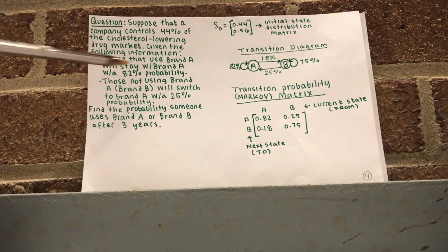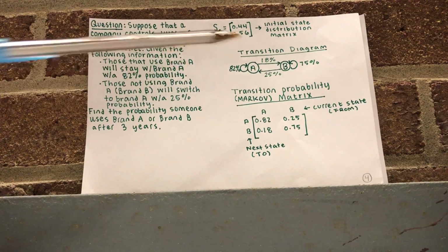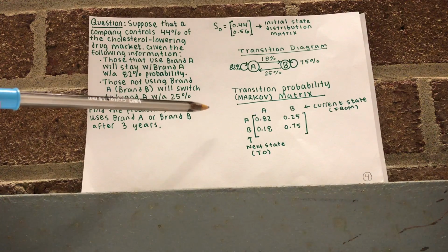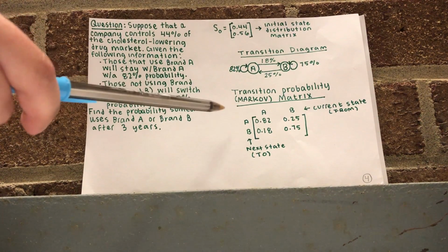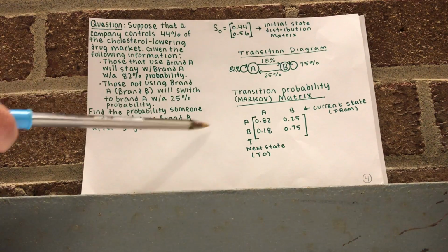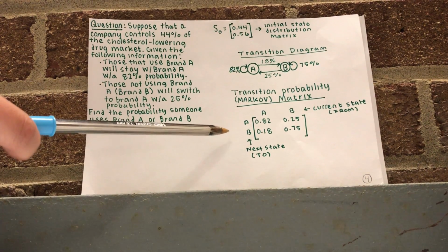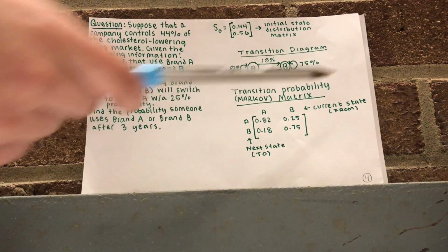The rest of the information given in the problem can be used to create a transition probability or Markov matrix. The columns for this matrix represent the current state, while the rows represent the next state, so from and to.